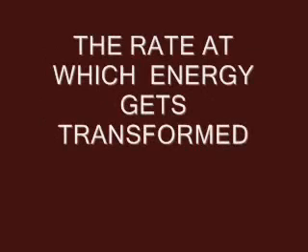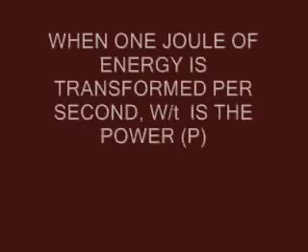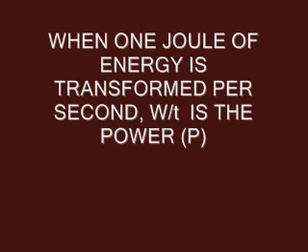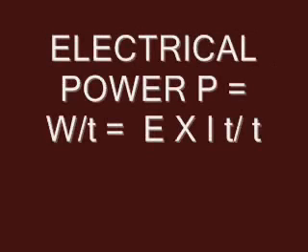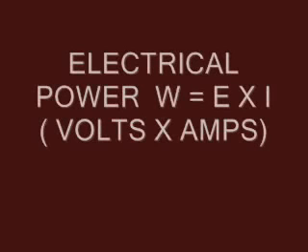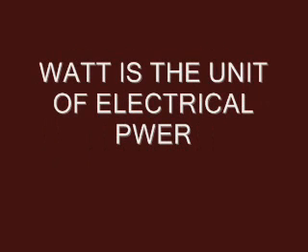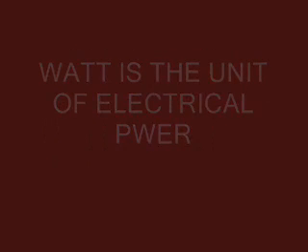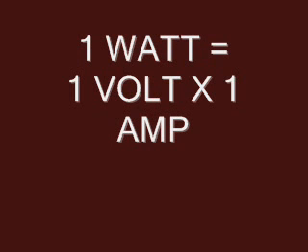For 1 second, W is equal to E into I into T joules. The consideration of time taken leads to the idea of power, the rate of working or the rate at which energy is transformed. The practical unit of power is the watt.